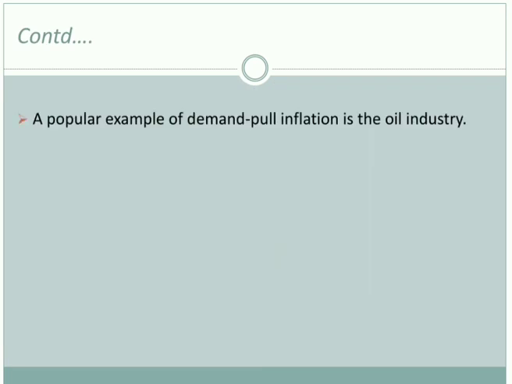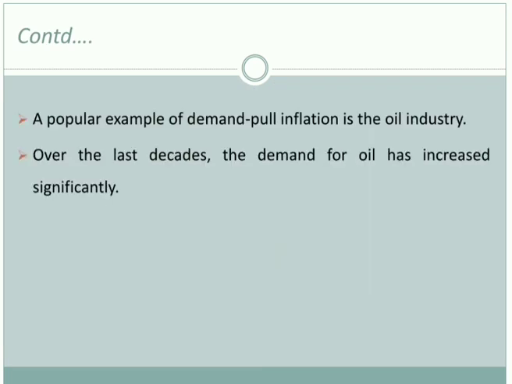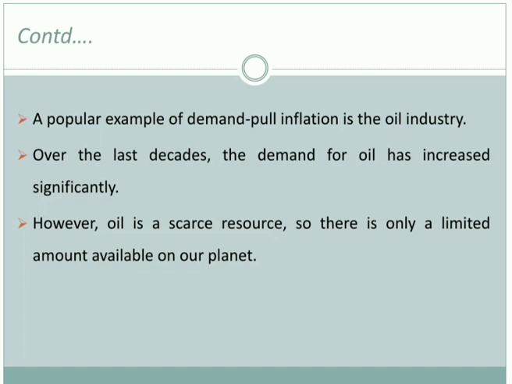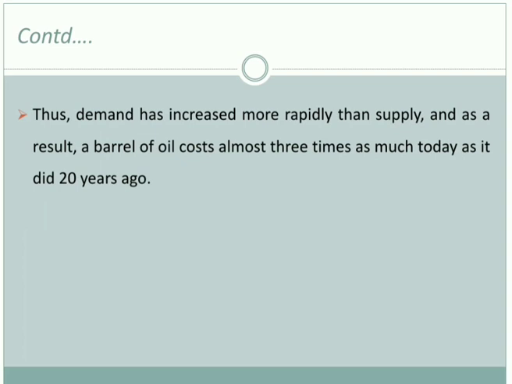A popular example of demand pull inflation is the oil industry. Over the last decade, the demand for oil has increased significantly. However, oil is a scarce resource, that is, it is available in limited quantity, so the demand has increased more rapidly than the supply, because of which the cost of a barrel of oil has almost tripled in the past 20 years.